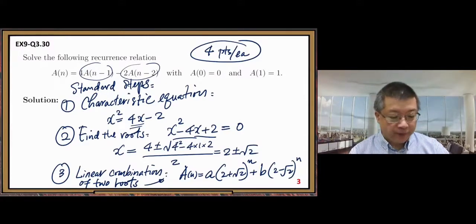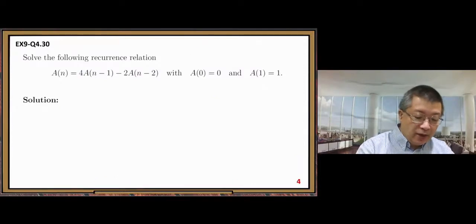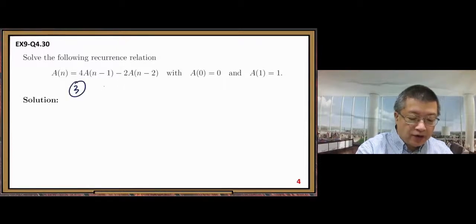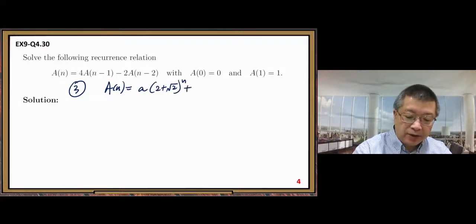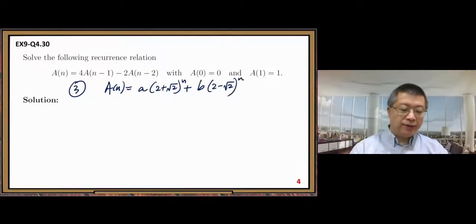Let me copy the step 3 here. Step 3, we already have the general form, a 2 plus root 2 to the nth plus b 2 minus root 2 to the n.